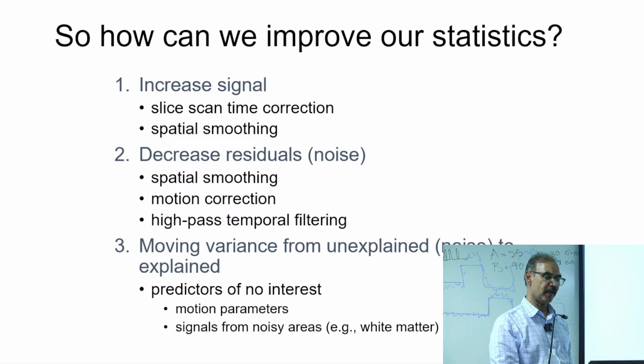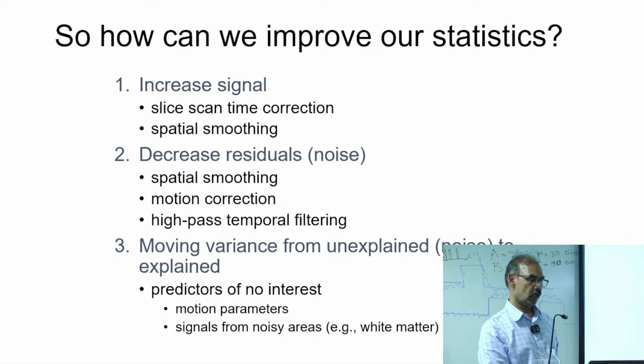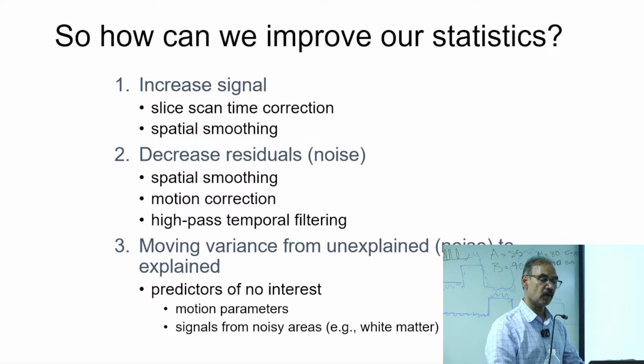Also moving variance from unexplained noise to explained, right? Predictors of no interest, like motion parameters, signal from noisy area, white matter, CSF, and so on, right?